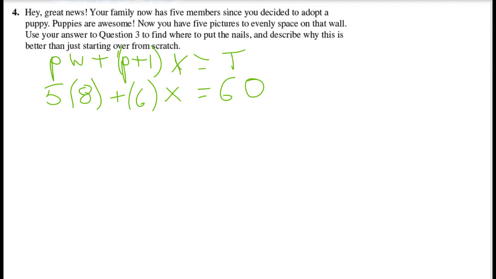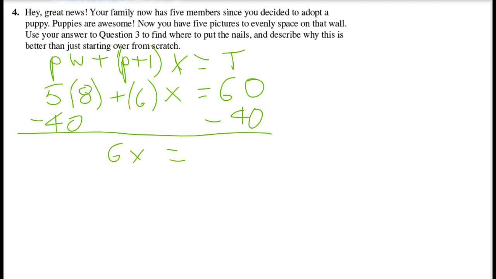So now we have to find the space between the pictures. 5 times 8 is 40. So I just subtract 40 from both sides. Now I just divide both sides by 6.